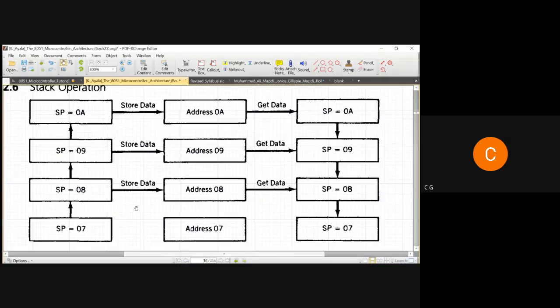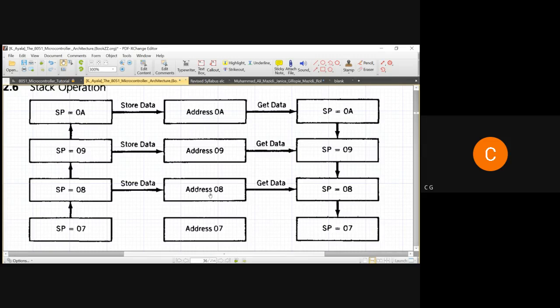When the stack pointer is initialized at address 07 in the RAM, whenever the program starts, that stack pointer will increment its value by 1, so it goes to 08. Then it takes the data from the external memory address and stores it here.